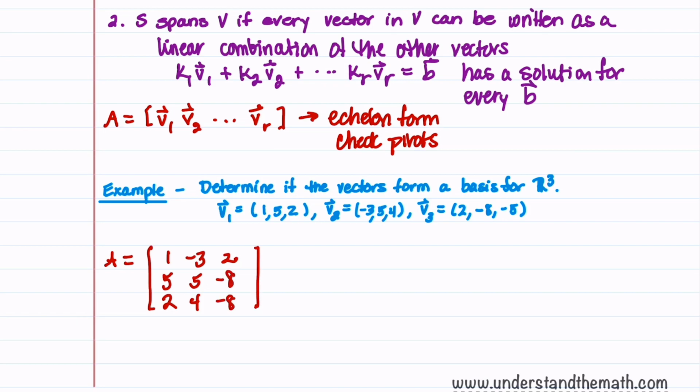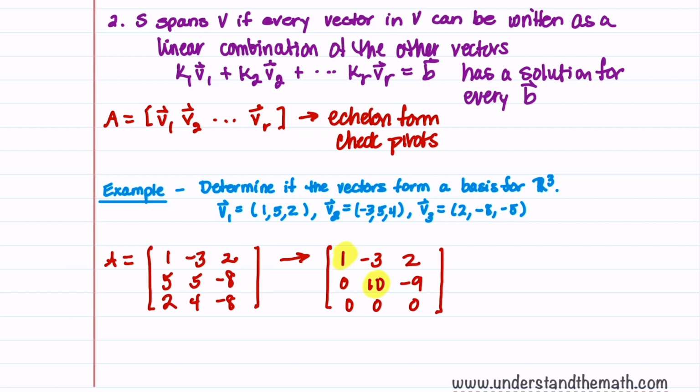We'll then reduce this to echelon form, and I'm skipping steps here, and we end up with this matrix. Let's now highlight our pivots, and we see that we only have two pivots.